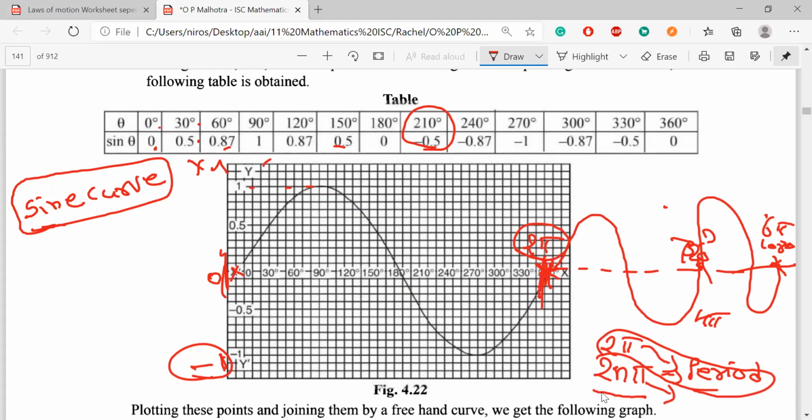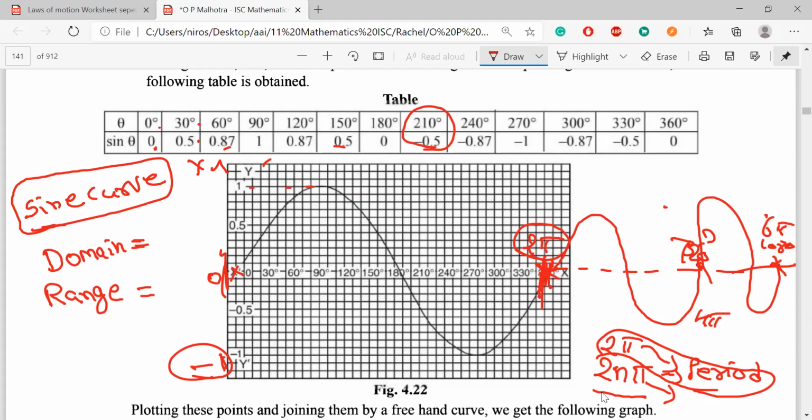Now, when we studied sets, we studied about range and domain, right? So what is the domain over here? Domain means the possible inputs, that is the x values.